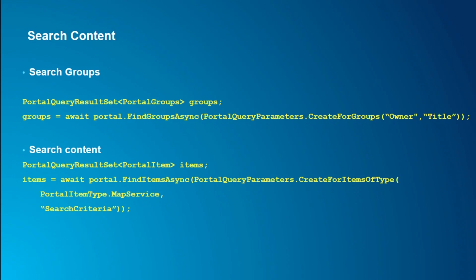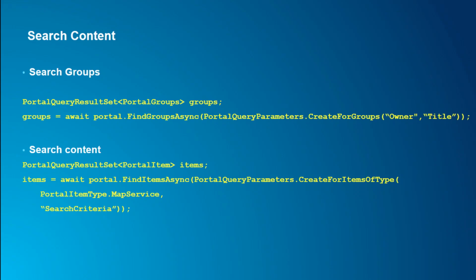So we can do this portal query parameters create for groups, and we can pass into that an owner and a title, and we'll return a group which matches those values. Equally, we could pass in an owner and ignore the title and leave that as null, and we'll return all folders belonging to that user. And there's various combinations we can do to get any group or title of group that we want.